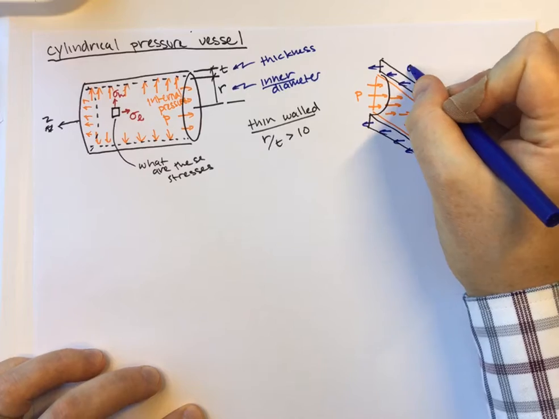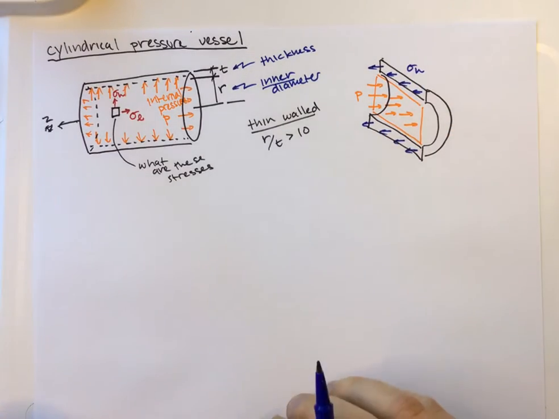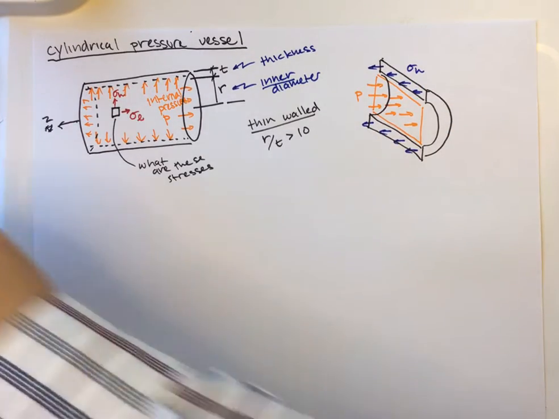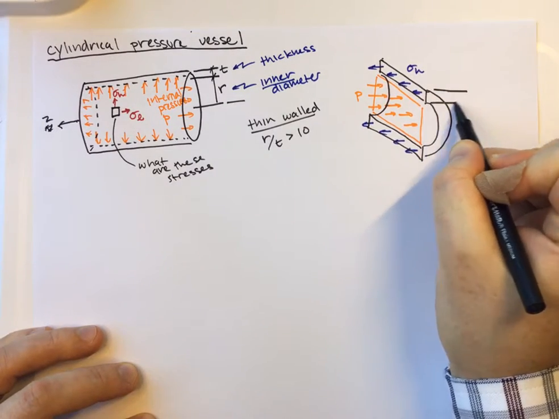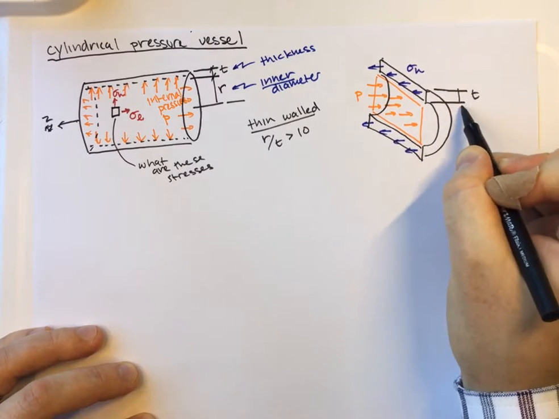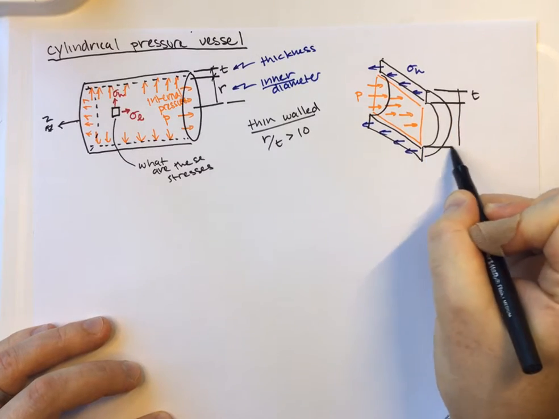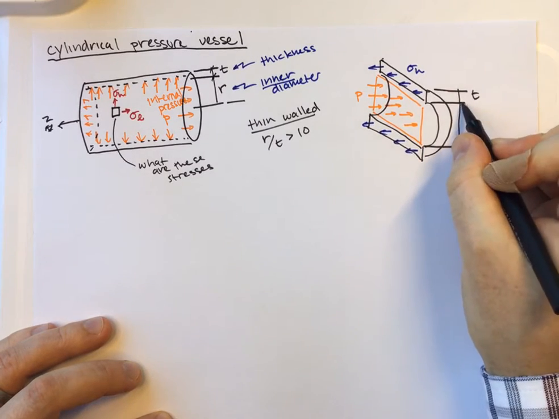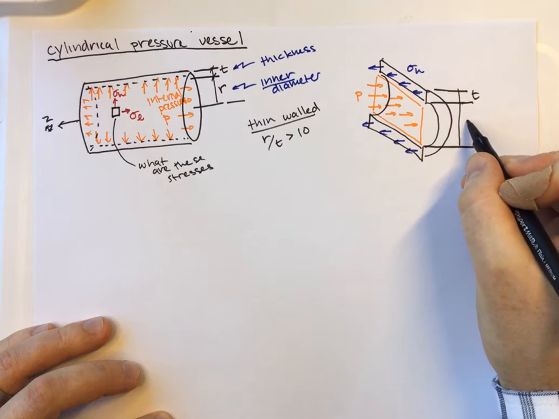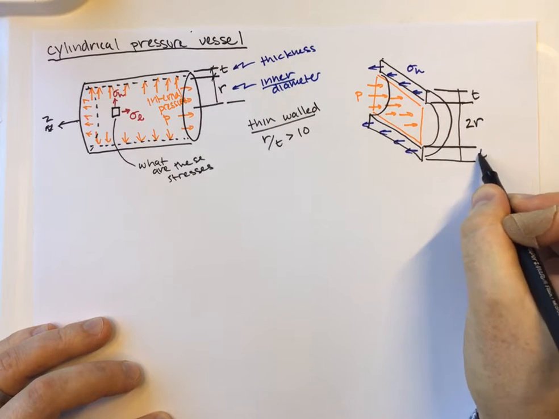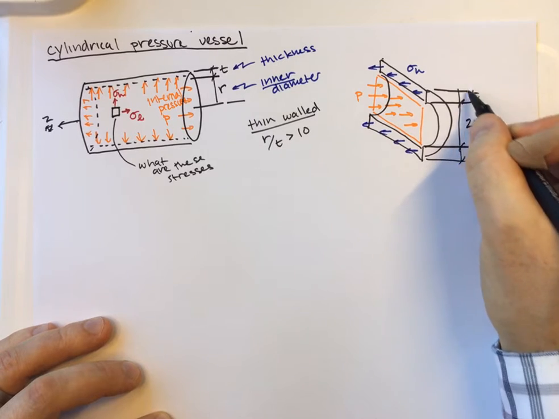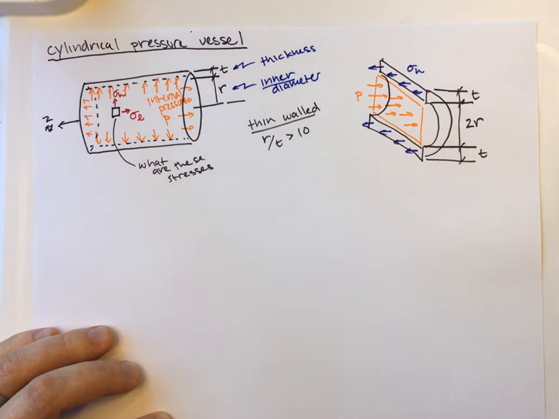That's going to be sigma H. Now, the geometry here, just to remind ourselves: the wall thickness is T. The inside dimension here is going to be 2r, and we're going to have another T down here. I'll put some hashes in there so we can tell those apart.